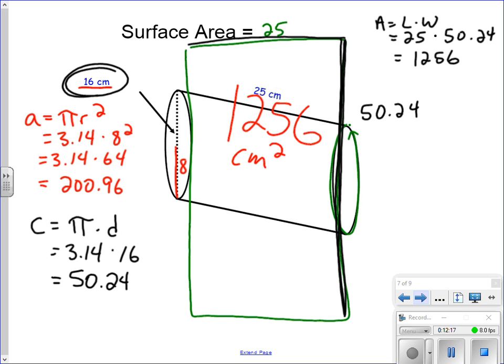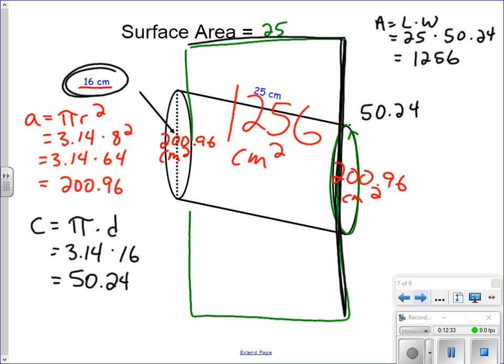And then each end, which we already did, was 200.96 centimeters squared. And this side too, 200.96 centimeters squared. That's the circle part.